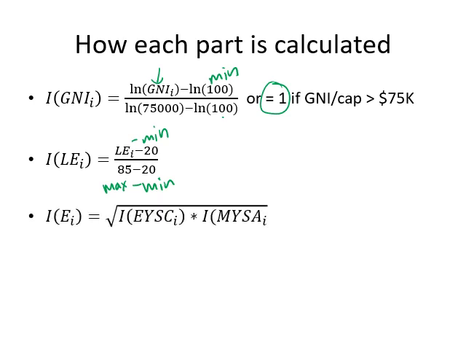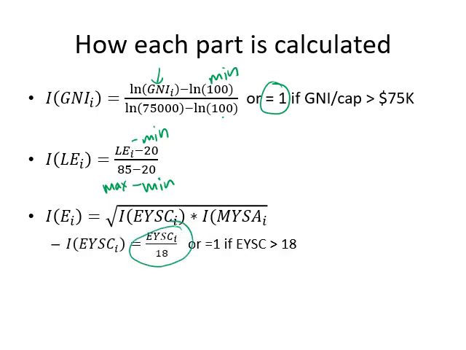That's the idea there. The education one is a little complicated, although I think it'll make more sense when we actually do the calculation. It has two parts, and then they find a geometric average of these two. The expected years of schooling is compared to 18 years. That means the average child is going to get 2 years of college, so they're going to get at least some kind of specialized training.